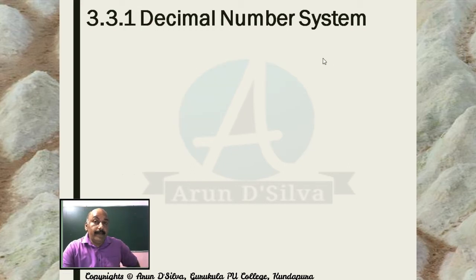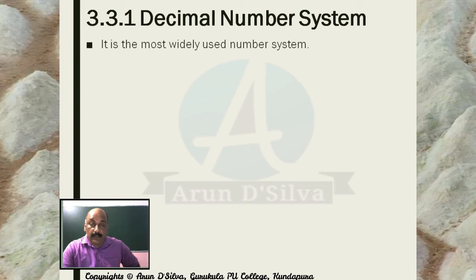Let me explain the first number system, the decimal number system. It is the most widely used number system. Everybody is using it; even in school, to teach students numbers, they make use of this number system itself.